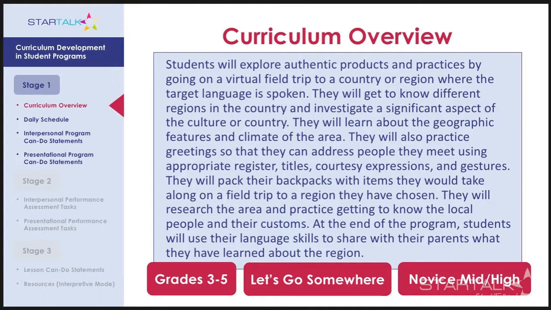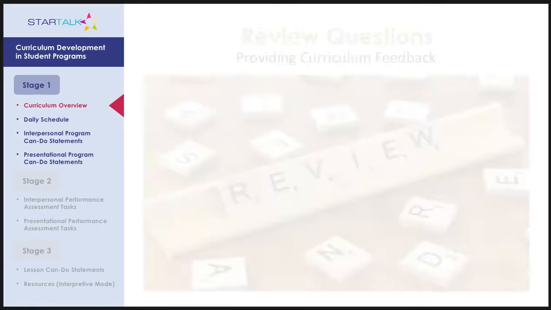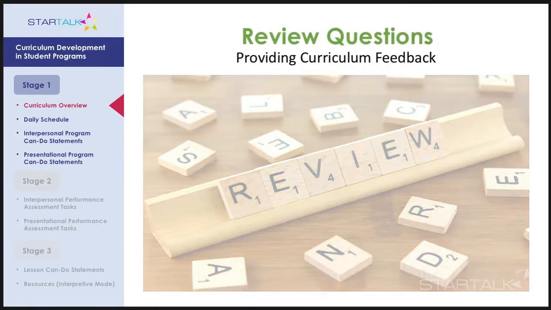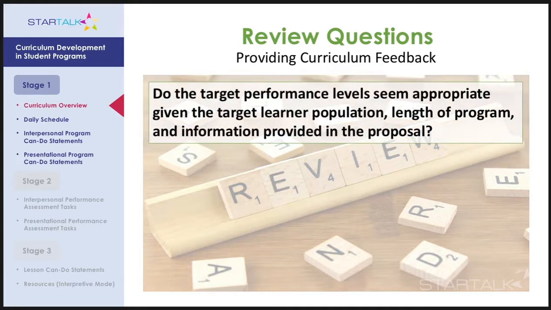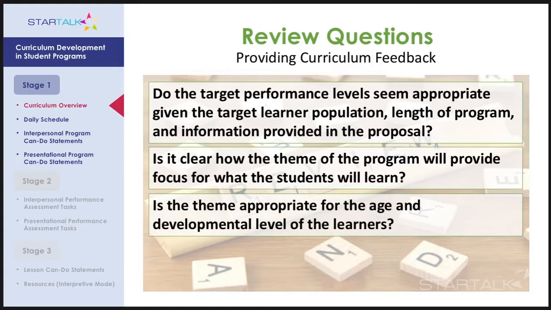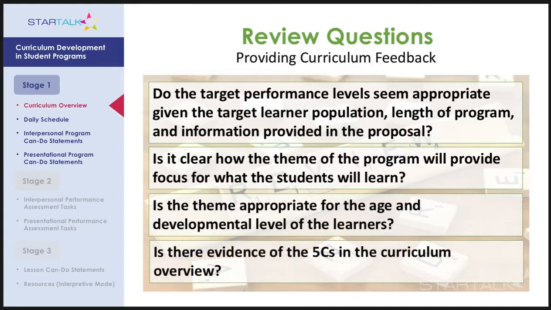The next step of Stage 1 development is to think carefully about how well your curriculum overview gives guidance to your program. And so you and your team leader will review that short description of your program with the following questions. Does it seem appropriate for the target learner population?